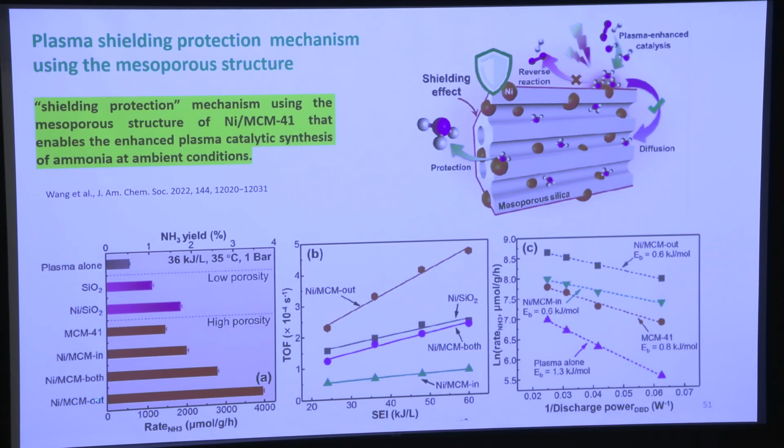By doing this, with this material with nickel, they can increase the yield by a factor of 2. So this provides another hint: not only can you control the ammonia synthesis, but the ammonia formed can also be stored and transported out, which increases the yield.